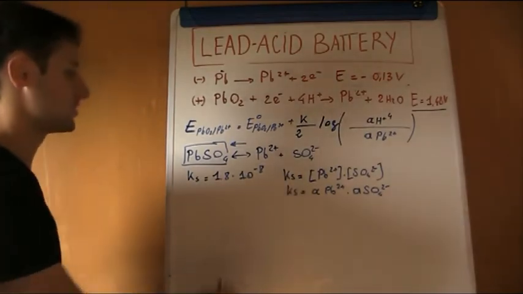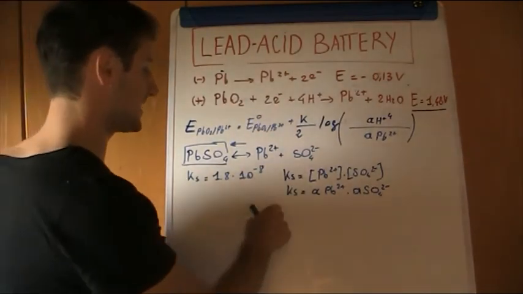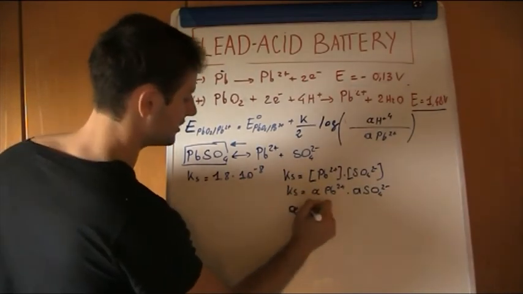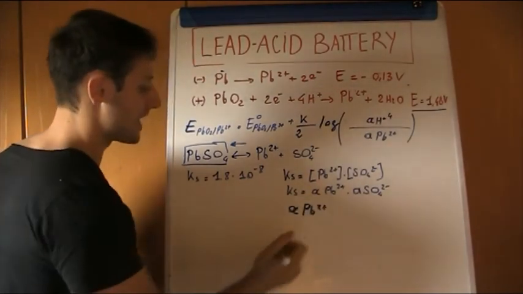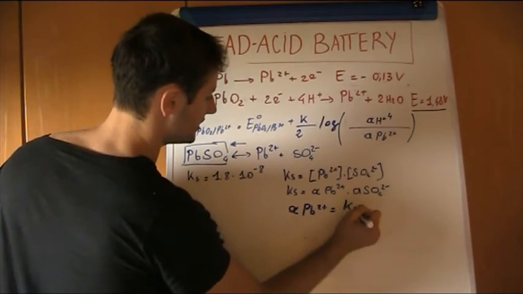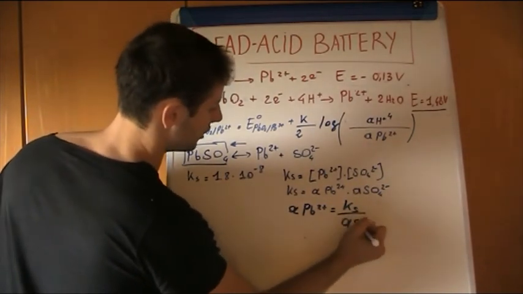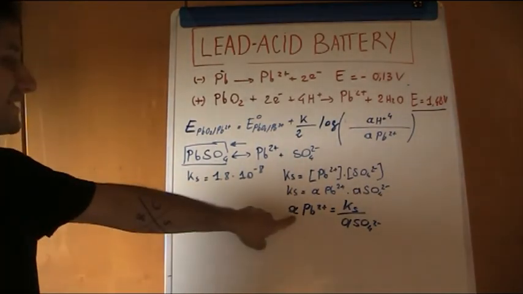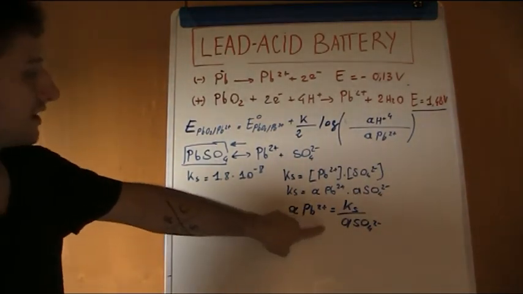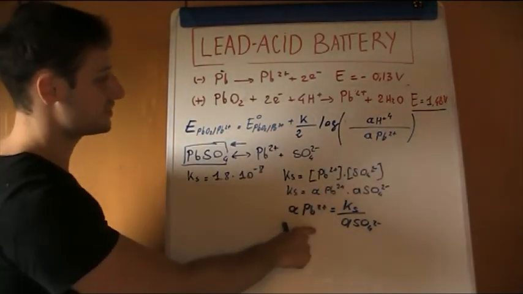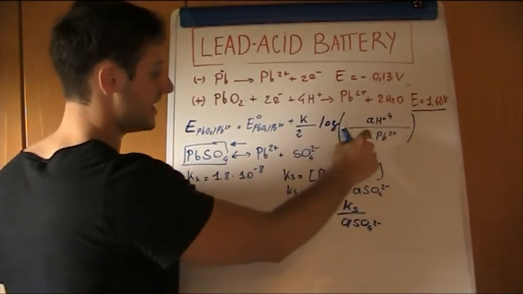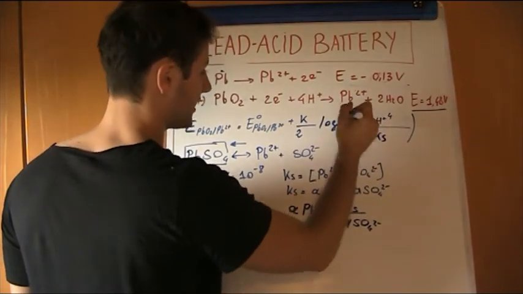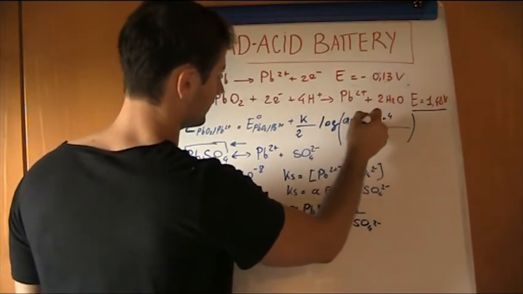So basically we have this situation, and taking advantage of this, we know now that the activity of lead 2 plus is equal to the solubility constant over the activity of this anion, the sulfate. And so we can substitute this one here. And so this is not anymore this, but is Ks, and here we are multiplying for the activity of this anion.